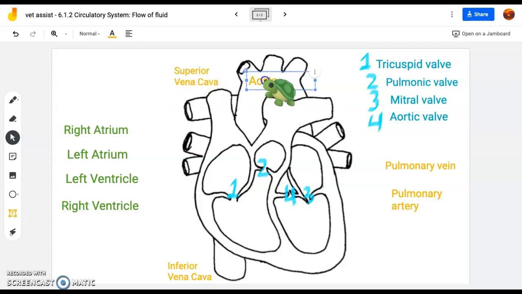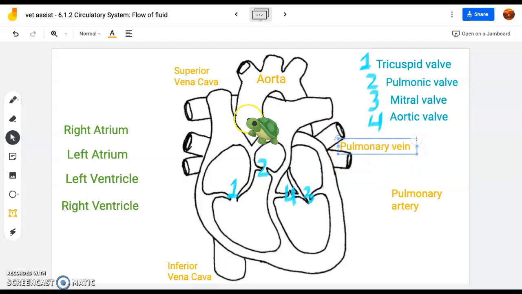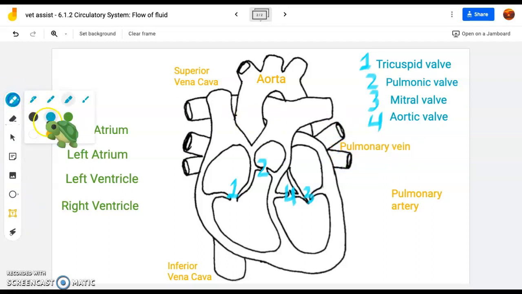Then the aorta is this arch. So if you think about A for arch, we have our aorta. Our pulmonary veins are going to be right there, these 2 little ones. Let me actually just draw a little golden arrow. So the blood is going to go in that way.